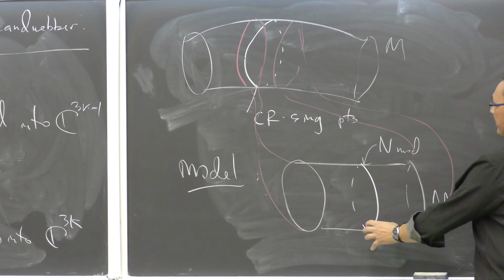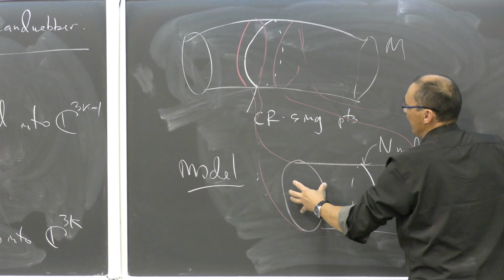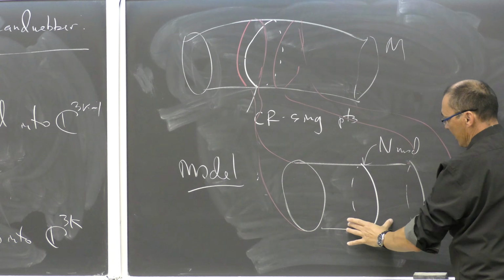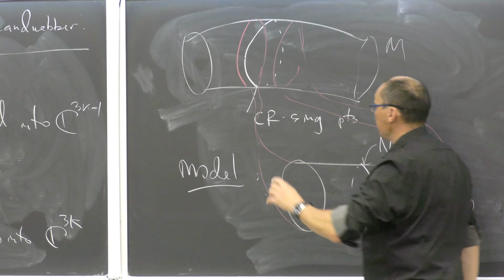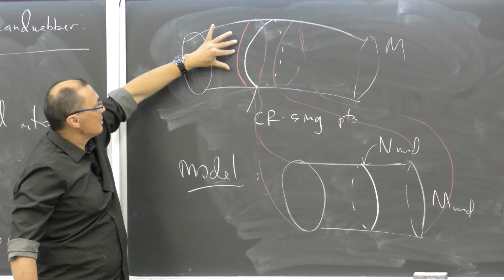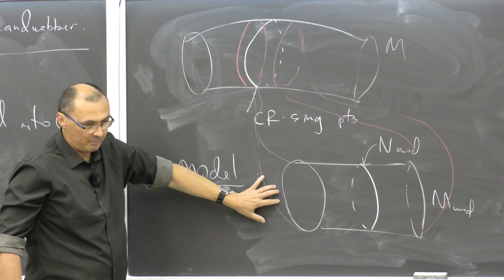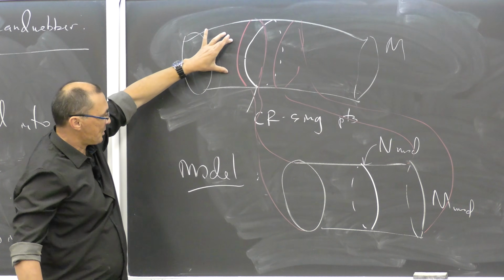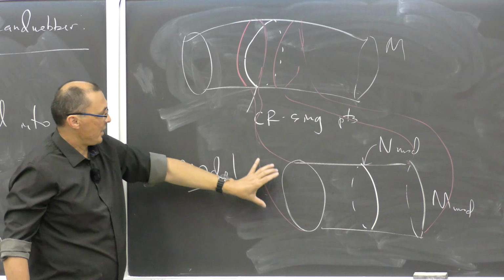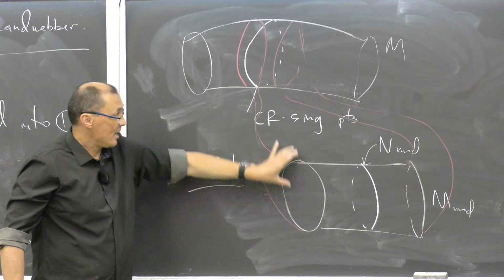But the most difficult part is to show that you can actually embed, so you can actually replace this neighborhood by a model. In fact, we have two models because, as it turns out, there is a topological obstruction to this totally real, we call this cylindrical totally real cobordism, and there is an obstruction which lies in the Stiefel manifold that may prevent you from gluing through totally real embedding.